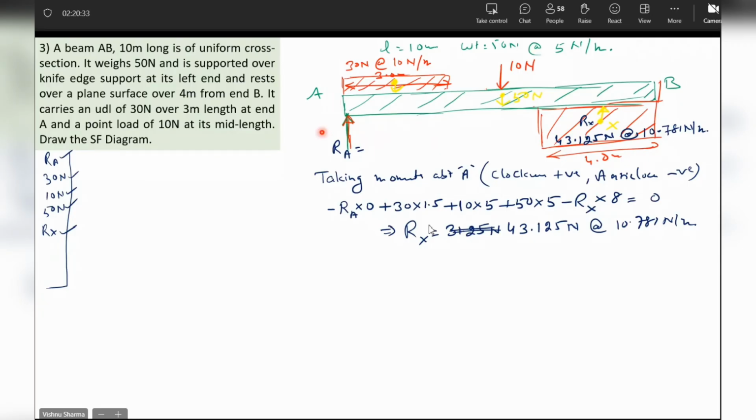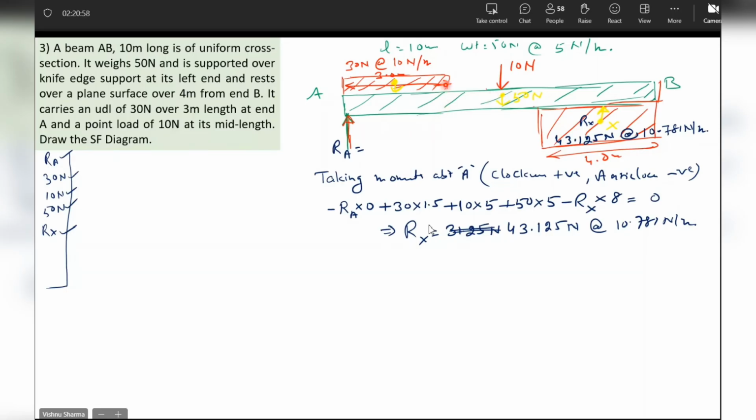First tell me in this question, how many uniform forces are there? 3, sir. Wherever you find there is a change taking place, tell me stop. Yes, sir.